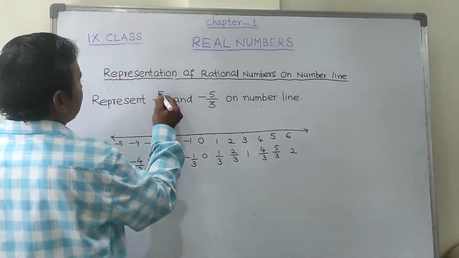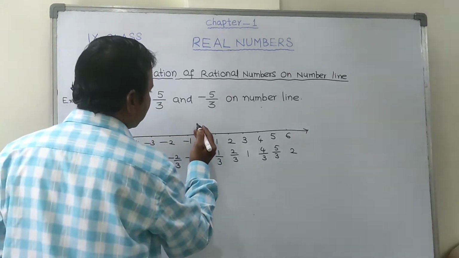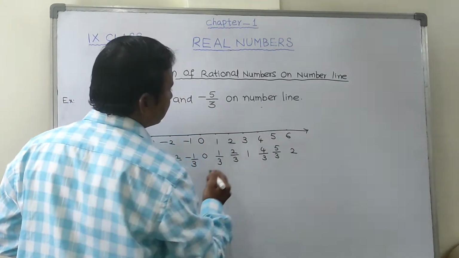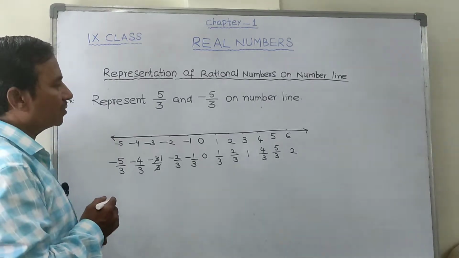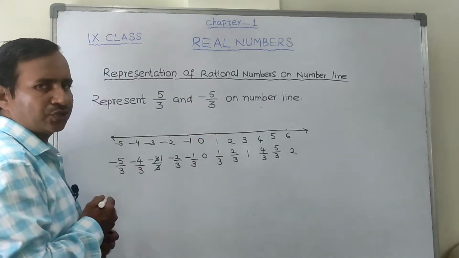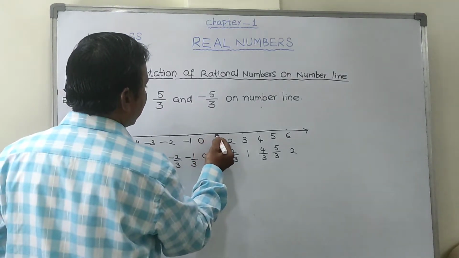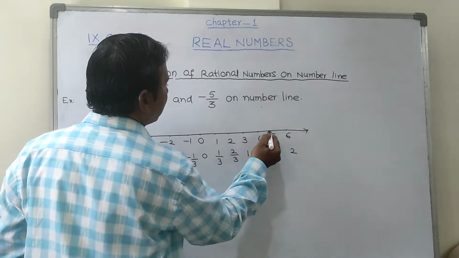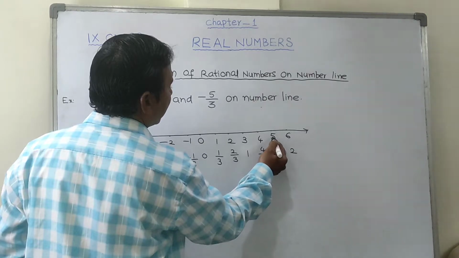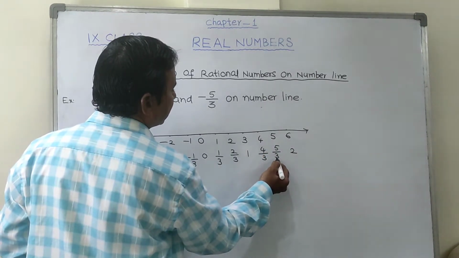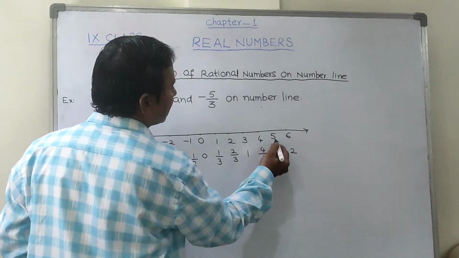Now plus 5 by 3 means from 0 move 5 parts, the fifth part you should take as the 5 by 3 part. You see 1, 2, 3, 4, 5. You are seeing that here 5 is there as well as 5 by 3. 5 by 3 means this is the fifth part.